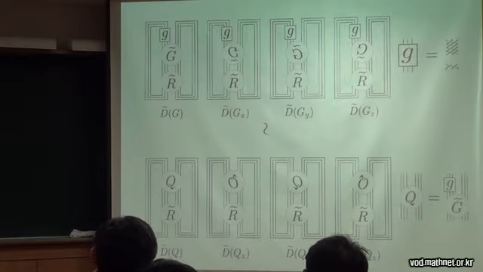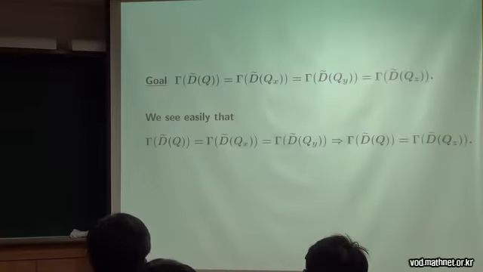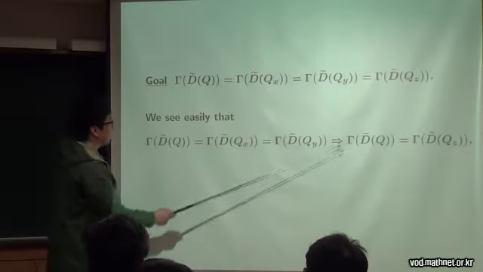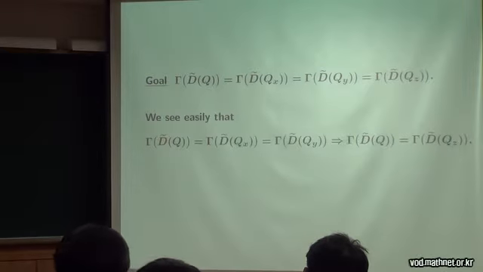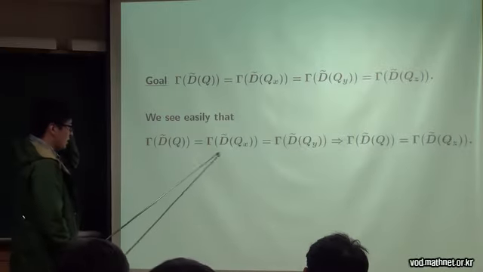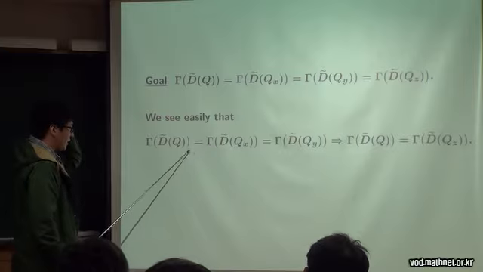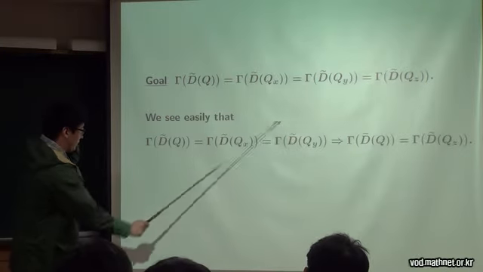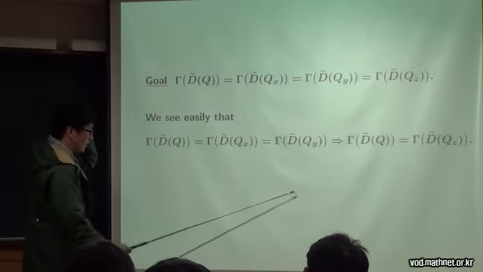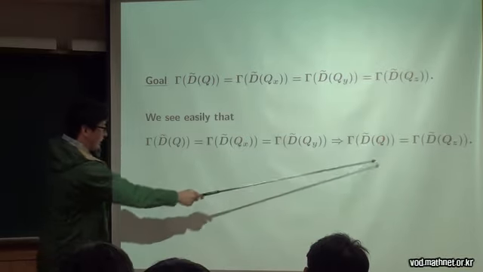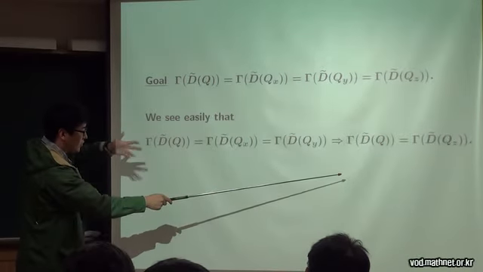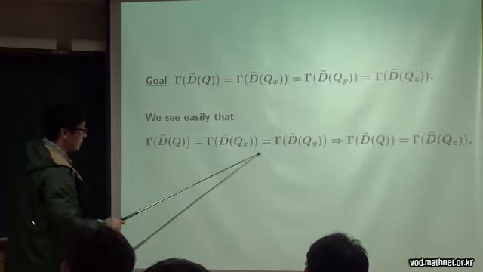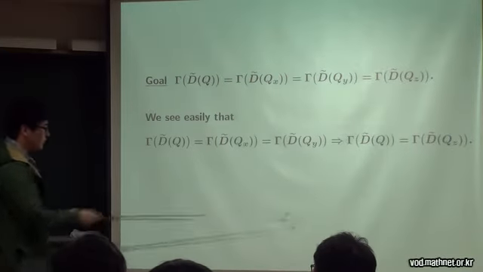So our goal is to show these equalities. And we see easily that if we have these equalities, then we have this equality, because z rotation is the composition of x and y rotation.